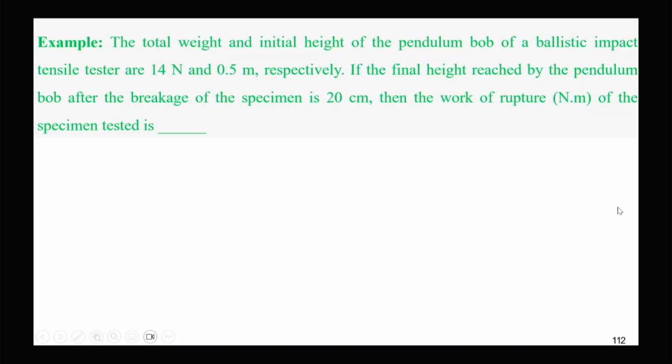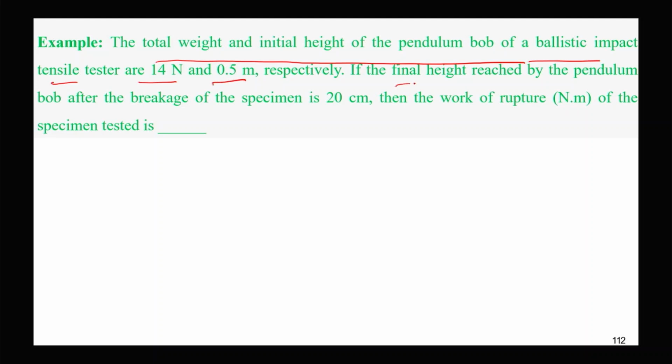Next one: the total weight and the initial height of the pendulum bob in a ballistic impact tensile, actually pendulum principle, is 14 Newton and 0.5 meter respectively.